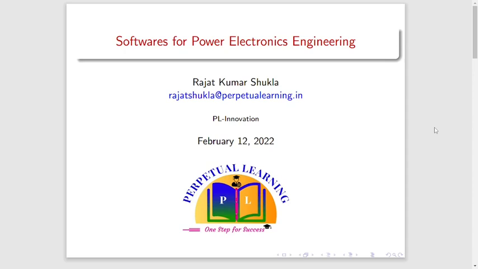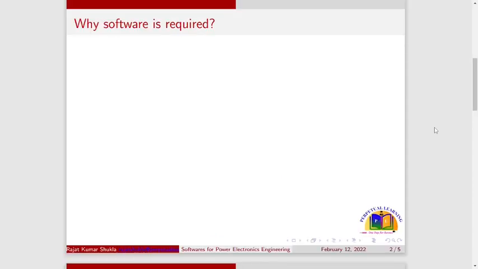That is nothing but a circuit, and the question is how you will simulate those circuits. What is the meaning of simulation, what software is required to simulate those things, why simulation is required, and why software is required, we will discuss in today's lecture. So let's start.